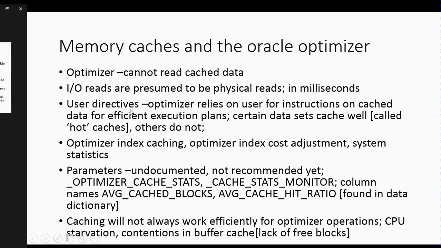So what you can also do is give directives for the optimizer to deal with cache data for the execution plans, right? The reason why you have cache data is because you have these objects that are popular, these objects that are hot.